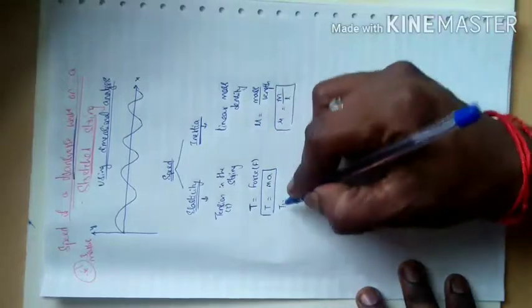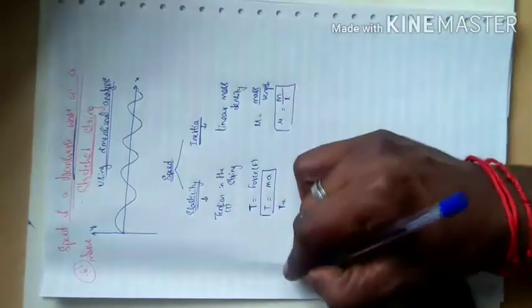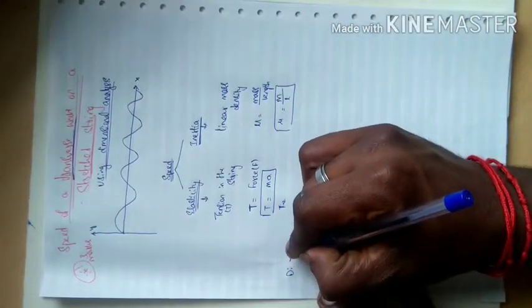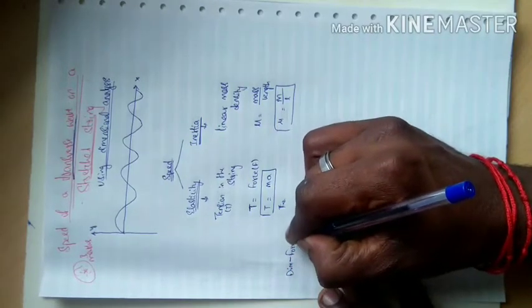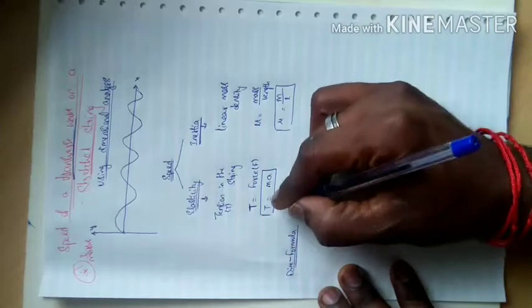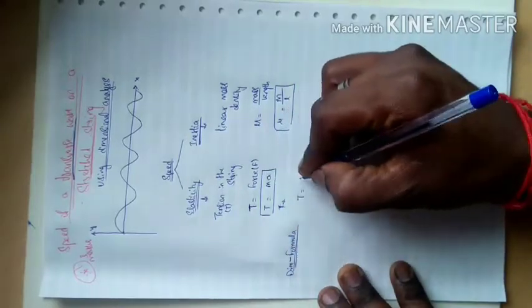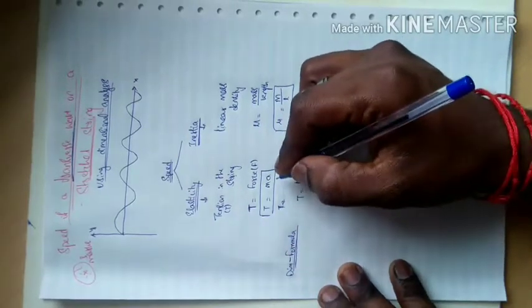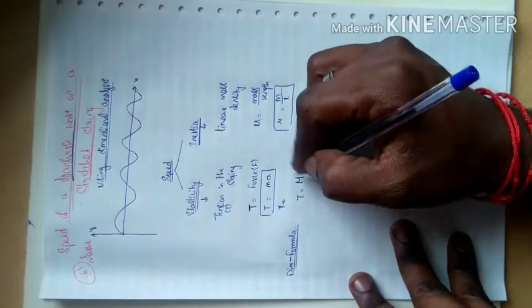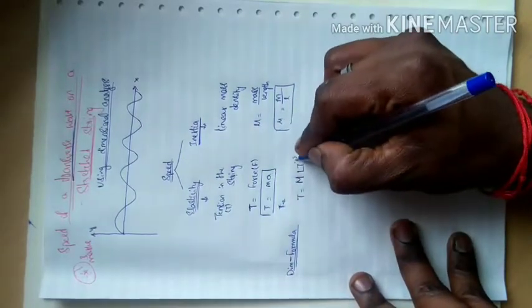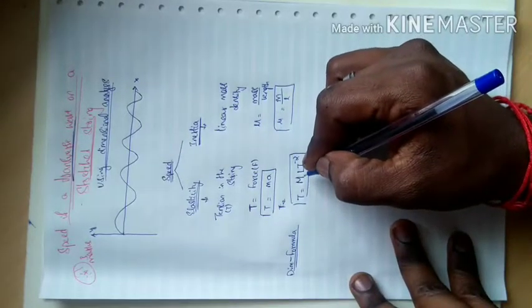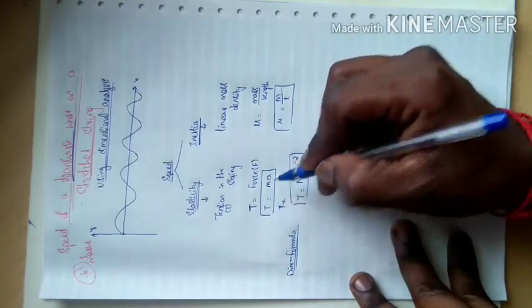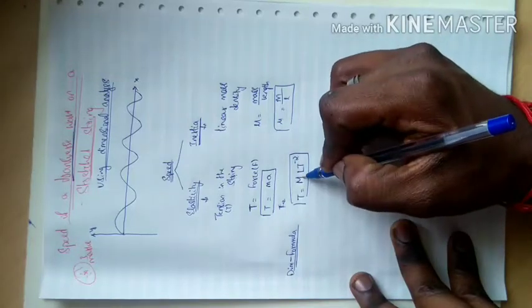Now let us write the dimensional formula for this and this. For tension, T is equal to mass times acceleration. Mass, measured in kg, can be written as M. Acceleration is L T to the power minus 2. You would have learned how to write this in the second chapter, so I am not going into detail.